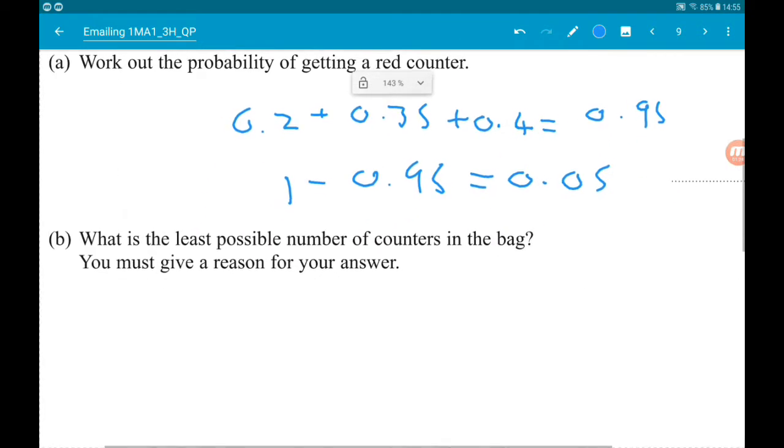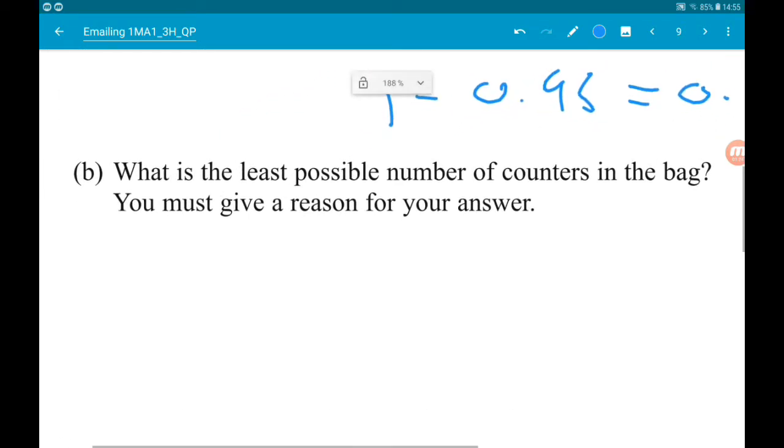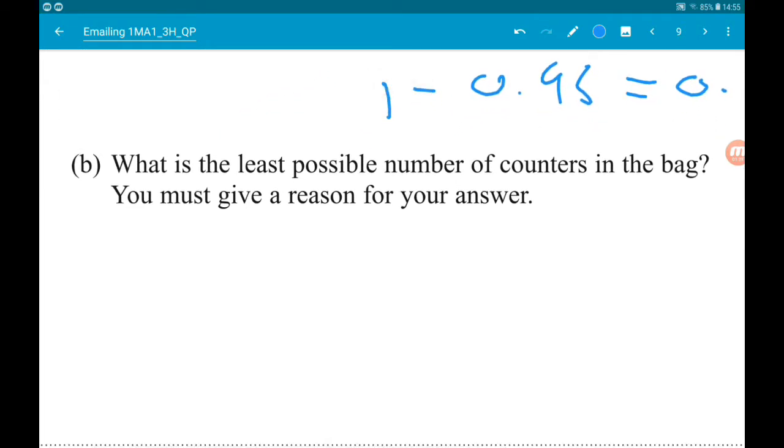Okay, and then part B asks us what is the least possible number of counters in the bag. You must give a reason for your answer.